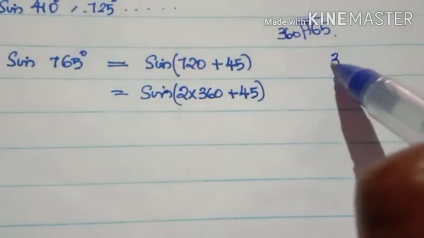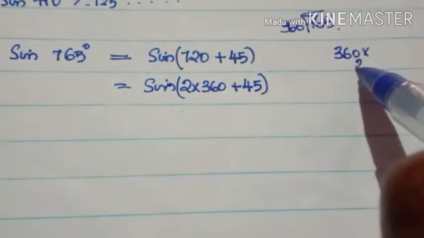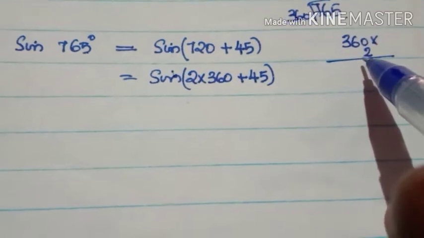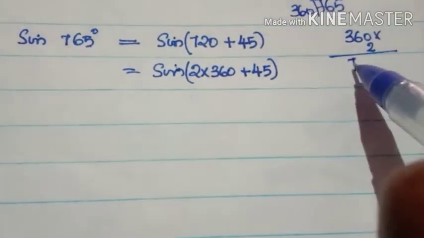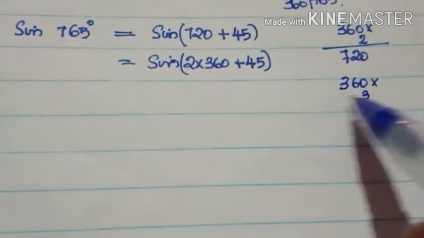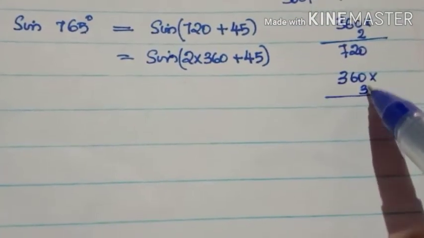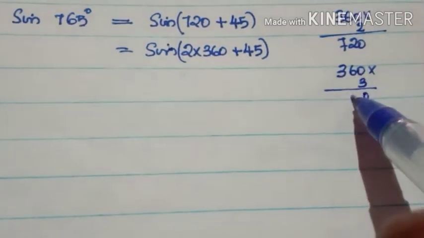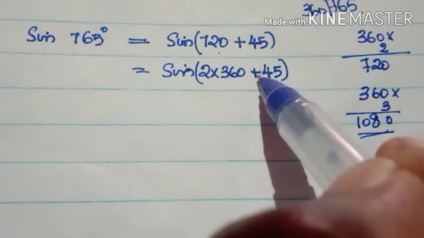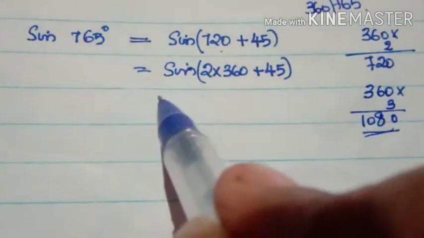Or otherwise, find the multiples of 360. If we take a multiple of 2, multiplying with 2 you will get 720. If you go with 3, it will exceed 1080. So twice 360 plus the remaining 45.